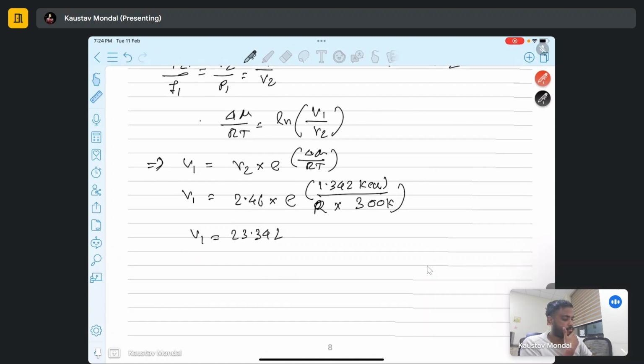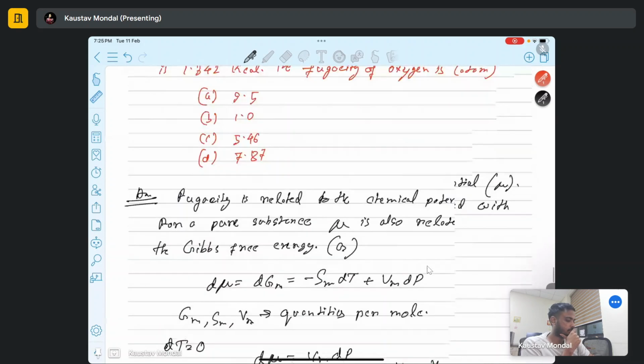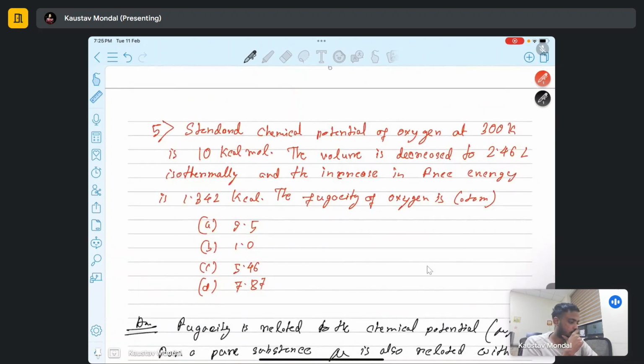So V1 by V2 we have already calculated, that is 23.34 liter to 2.46. Then V1 by V2 is itself equal to F2 by F1, right? Now what is the value of F1? Here one term is important: standard chemical potential.